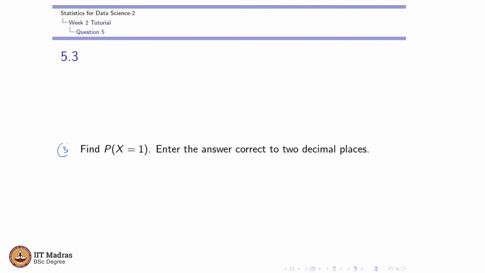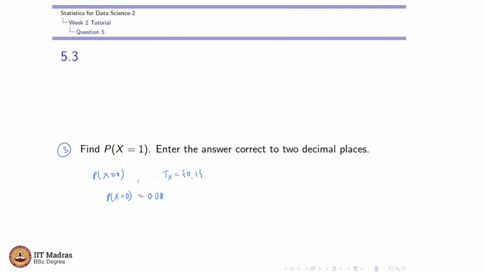Now the third part of the question is: find P(X=1). We know that the range of X is {0, 1}, and we have already found in the previous question that P(X=0) is 0.08.